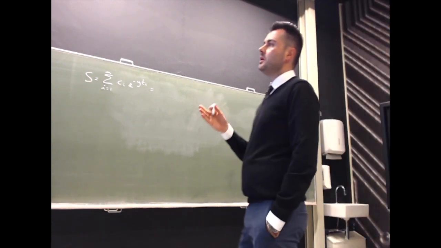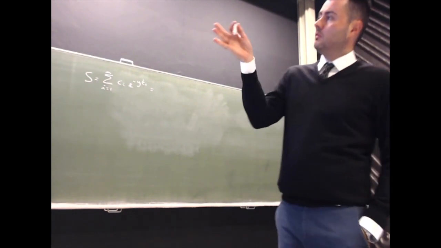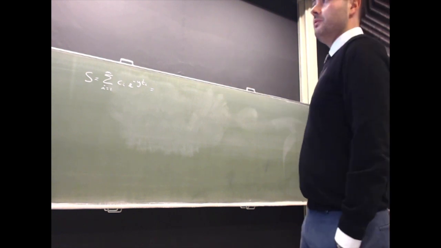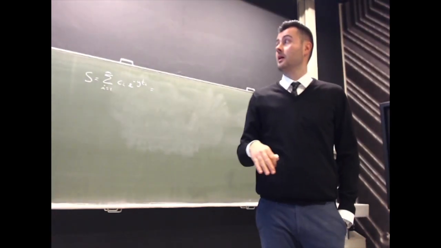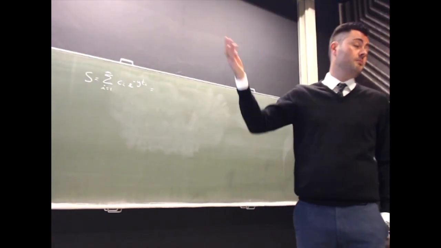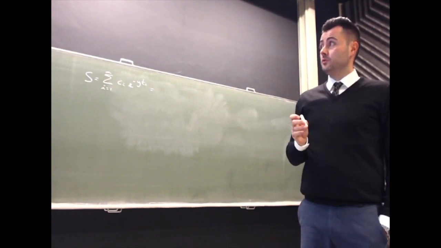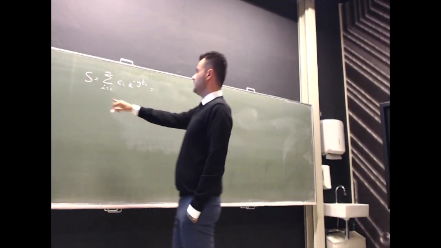We have a 3-year coupon bond, and we get 5 euros every 6 months until the very last moment in which we also get our capital back, the face value, so 100 euros.